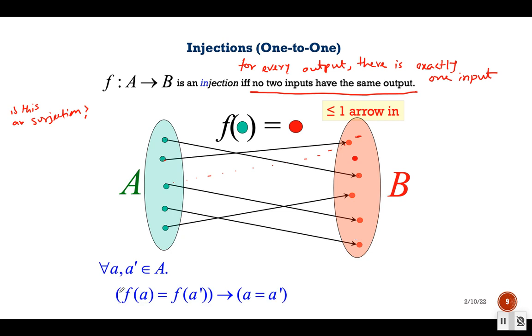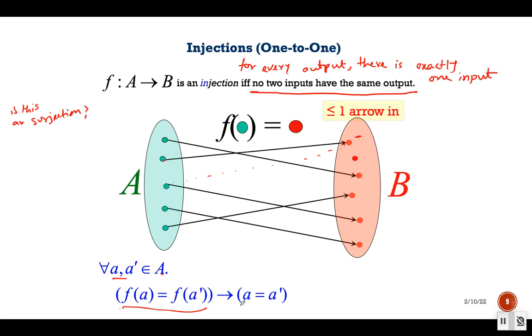So how are we going to read it? For every A and A prime, both belonging to set A, if we have the case f of A equals f of A prime, that will be possible only if these two values are the same.